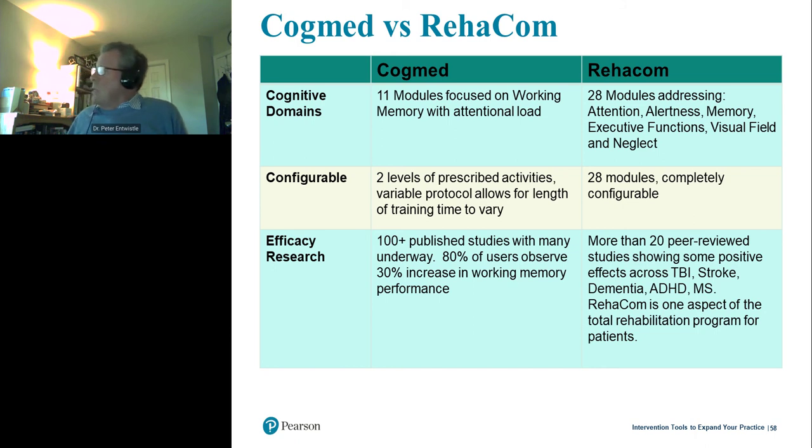For RehaCom, we're accumulating more and more research studies, but it should be understood, based upon what Anne-Marie was saying earlier, that even if somebody has a diagnosis of, let's say, multiple sclerosis or even schizophrenia or attention deficit, each individual with that diagnosis may differ from other patients that have that same problem. Now, we do know in research that's being conducted on traumatic brain injury or CVA, ADHD and MS, they can be of real benefit.